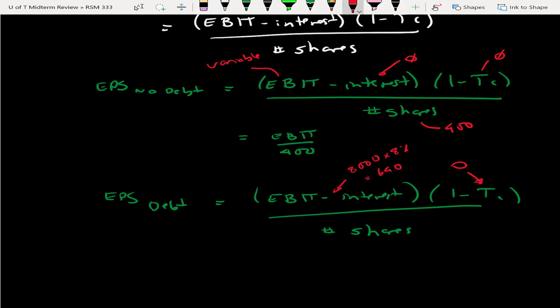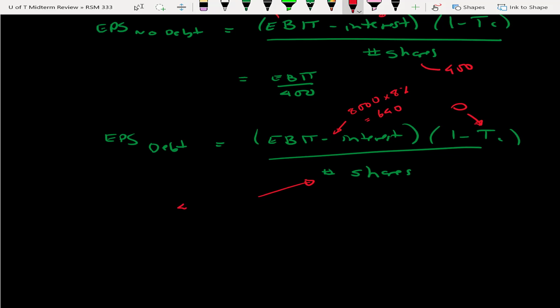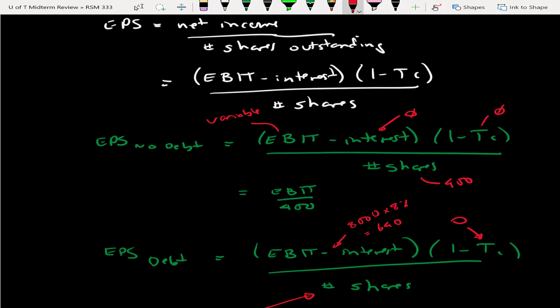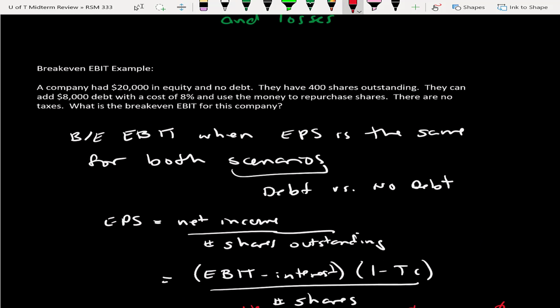Now, number of shares. How do we get that? We are going to look at, what did we start with? We started with 400 shares minus the amount that we bought back. And how much did we buy back? So we spent $8,000 to buy back the shares, but we don't know the share price. Let's scroll back up and find out. Can we figure out the share price?